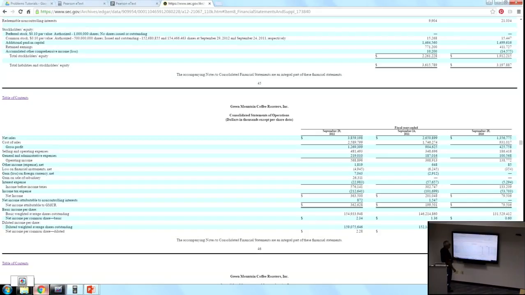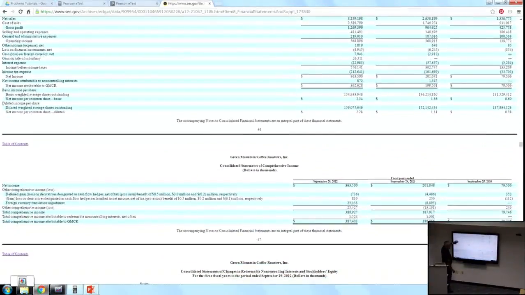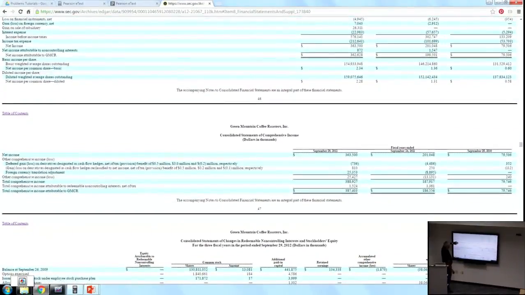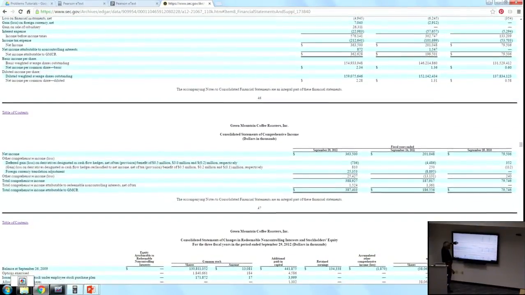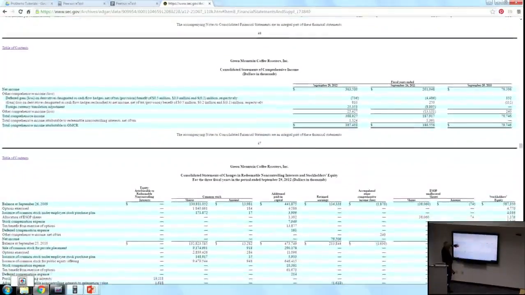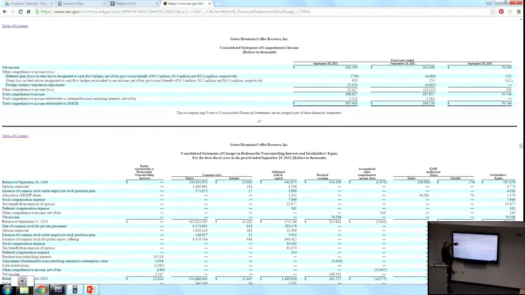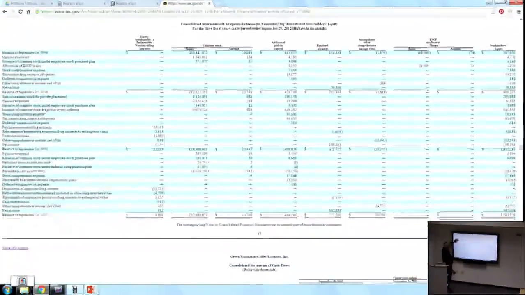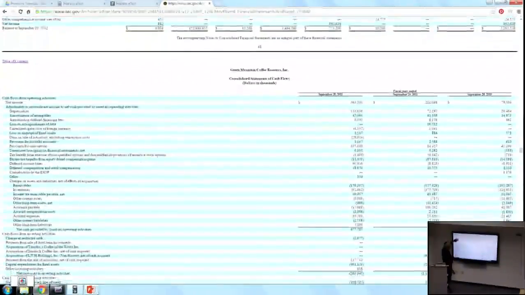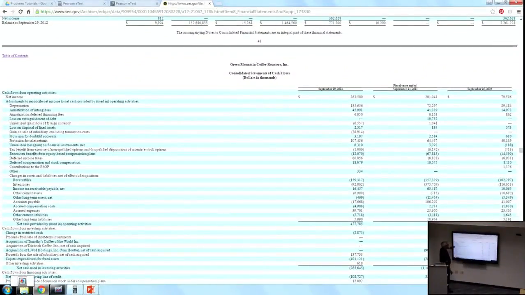Where do we find that? To do that, we have to go into the consolidated statements of cash flow.